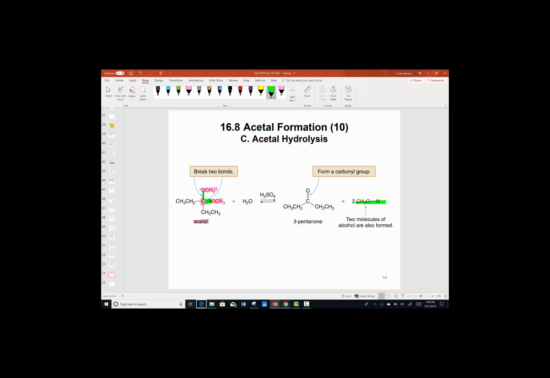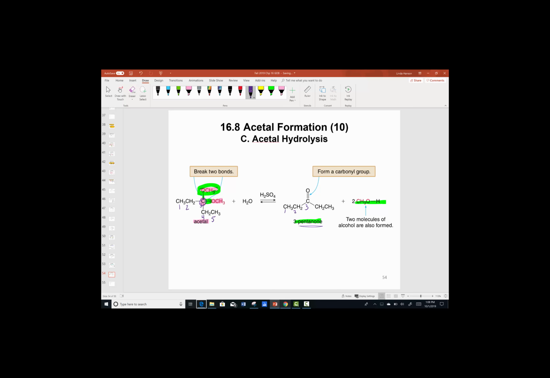The original alcohols came from this part of the functional group, and then 2 equivalents would give us the carbonyl group back. So I can tell that this would end up to be a ketone with the longest carbon chain ending up to be the pentanone, and the carbonyl carbon is brought back to C double bond O.